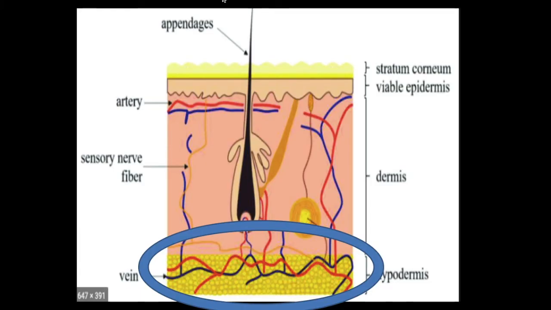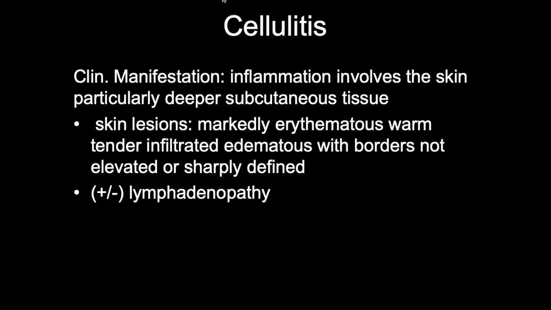Lesions are described as tender, warm, erythematous swelling on the affected areas. Border is not raised or indurated like that of Erysipelas. There might be presence of lymphadenopathies also on the affected extremity.